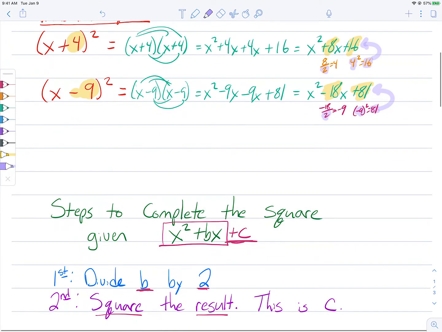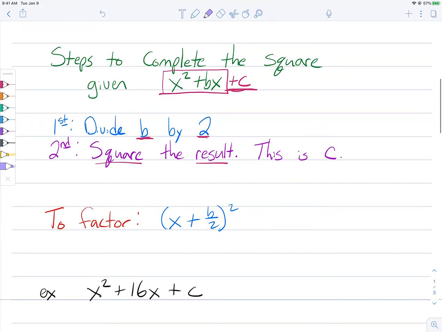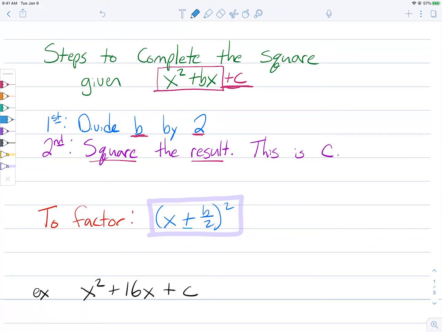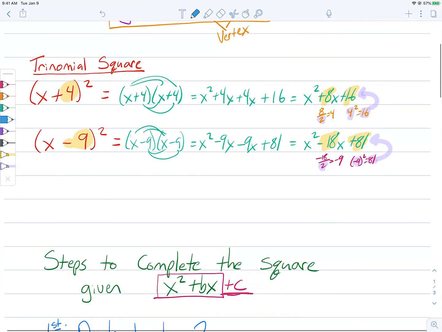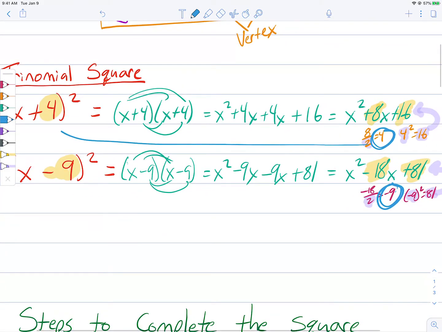So it is a pattern and we get to use that. So the factored answer ends up being x plus or minus, depending on if it's a plus or minus problem, whatever b over 2 was. Because remember up here, when we divided it by 2, this number came from the original problem.